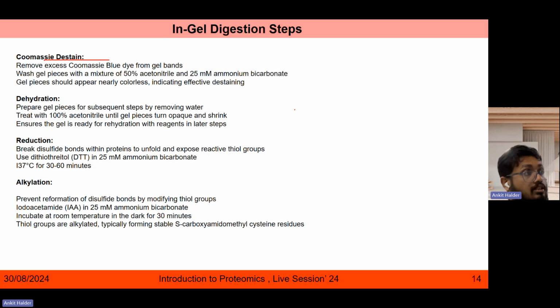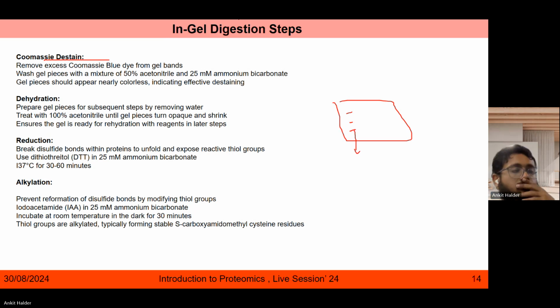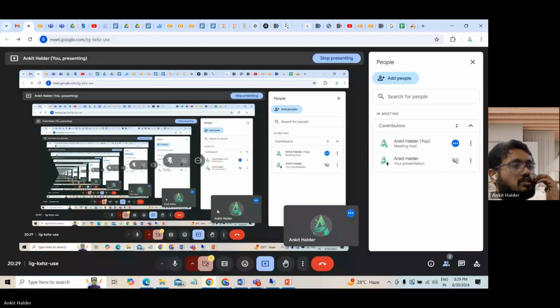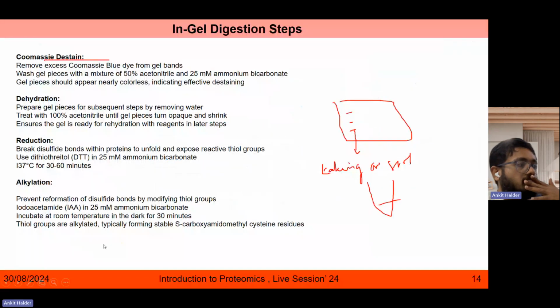There are steps: we run the gel, we take the band into a tube, and we go for digestion. But that's not the actual step.